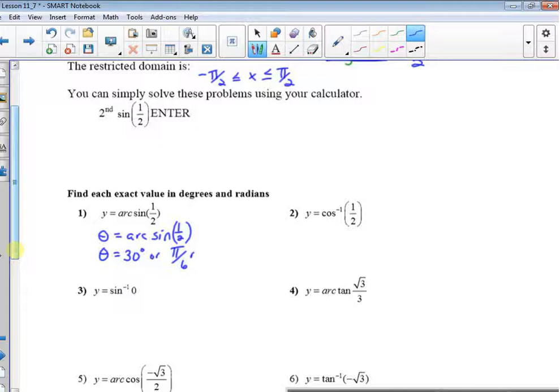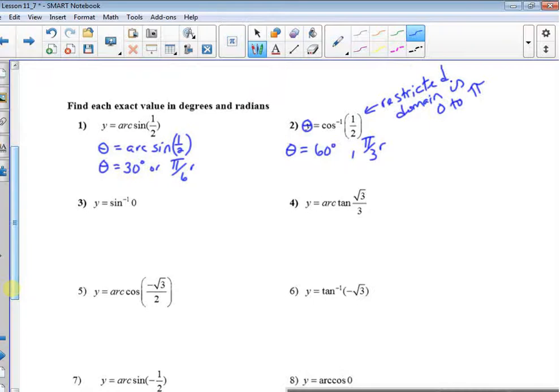For number 2, second cosine of 1/2, so I'm going to replace y with theta. Theta would turn out to be 60 degrees. This one's restricted domain is 0 to pi, including pi and including 0. So this one's 60, or pi over 3 radians.